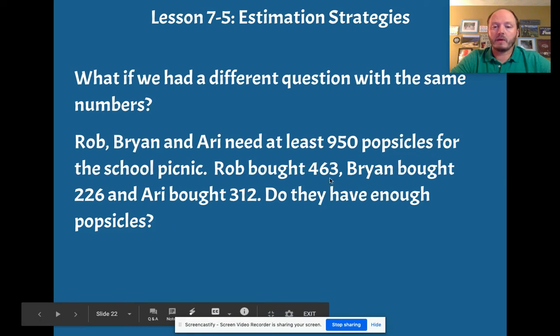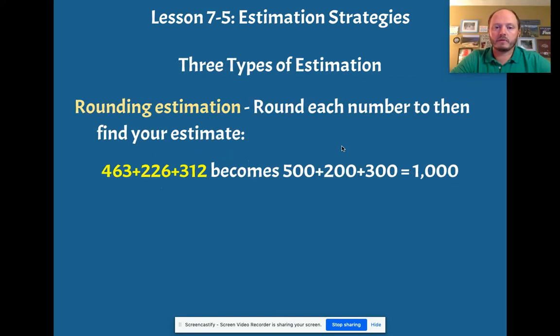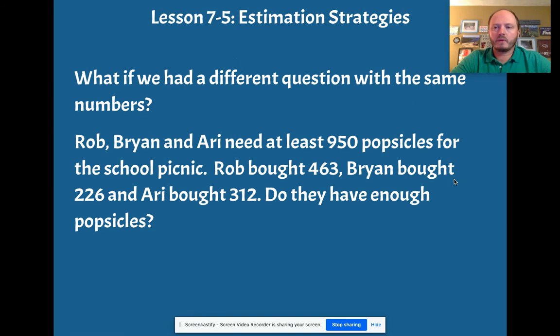We need to think about addition of 463, 226, and 312. And is it greater than 950? Now with this previous estimation, our previous estimation was 1,000. Now, what if we estimated in a slightly different way? Would that affect possibly our answer?